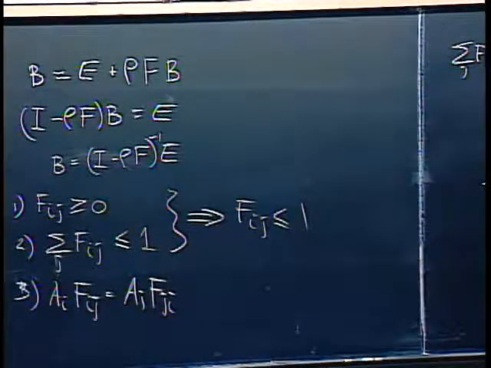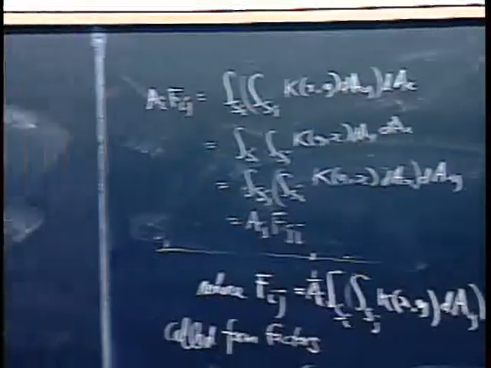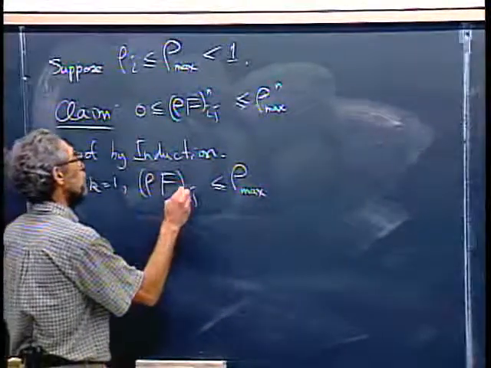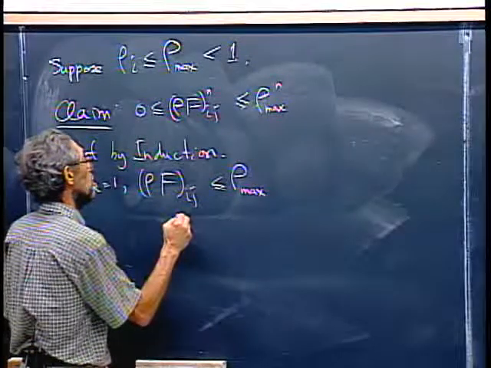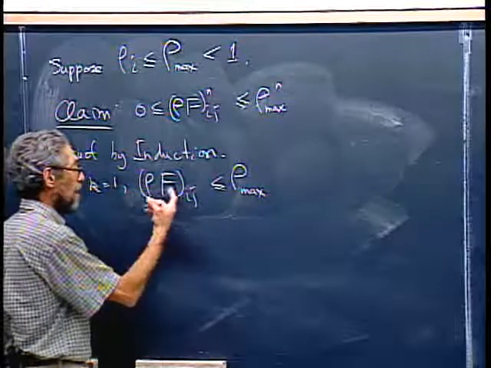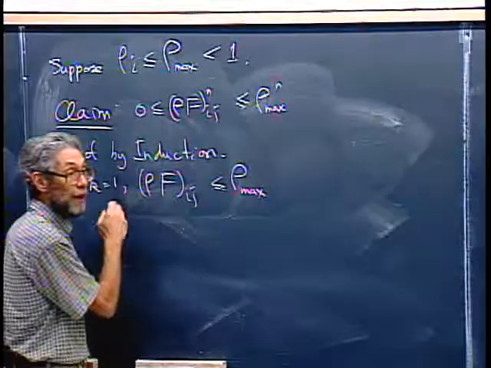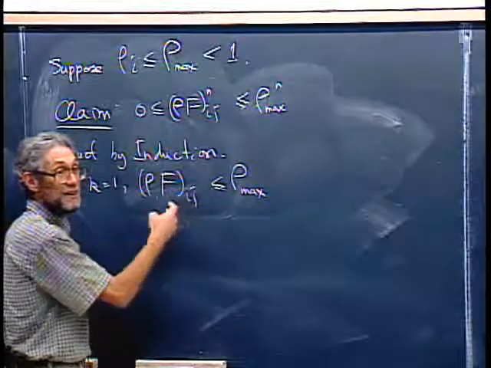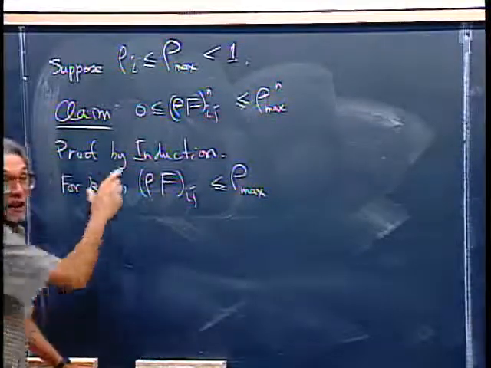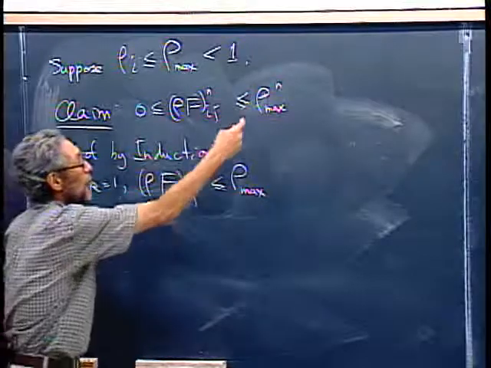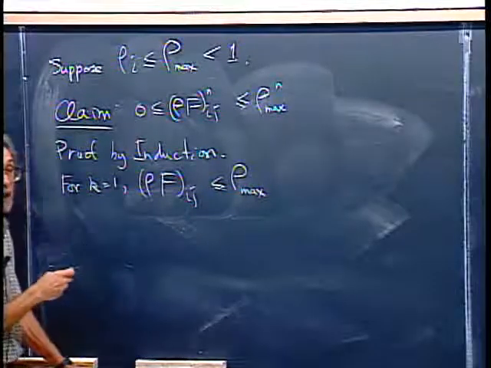Now, you multiply the rows of this matrix by one of these rhos, and you get an element of this matrix. So it's dominated by rho max because these numbers are less than or equal to 1. So we got the n equals 1 case.